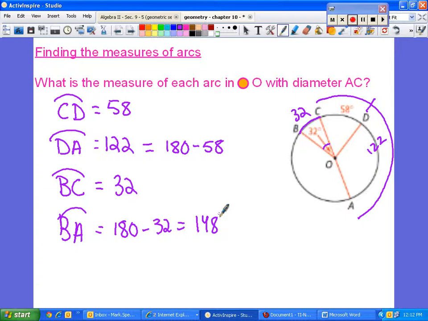Tell me another way we can find the measure of BA. All right, Kiera, can you help her? Gabby. Yeah, Joe told us one way to find BA is to take CA. CA we know is 180. So again, just like we did before, we did 180 minus 32, and that gave us 148.